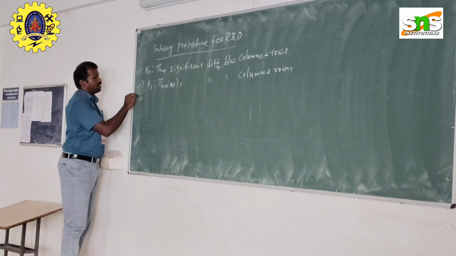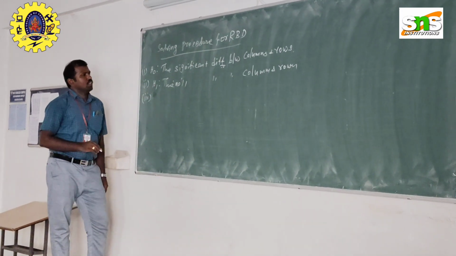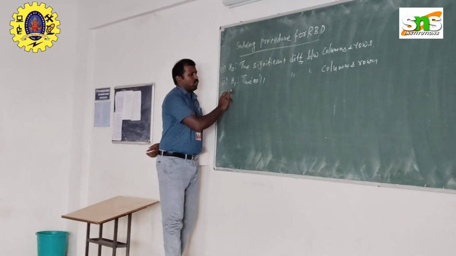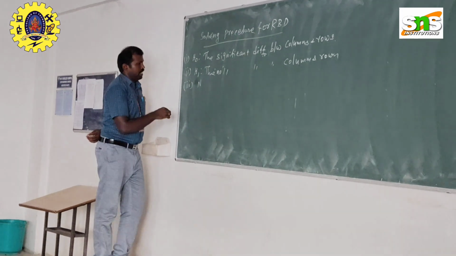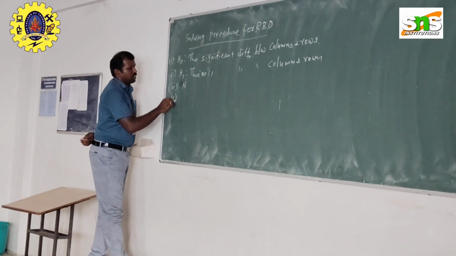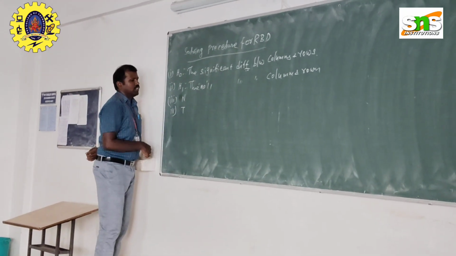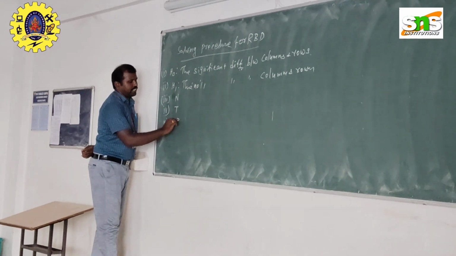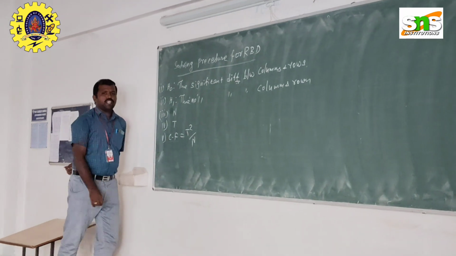Next, the third one, the total number of values, capital N, number of values. Next, total value T. Fifth one, correction factor T square by N.